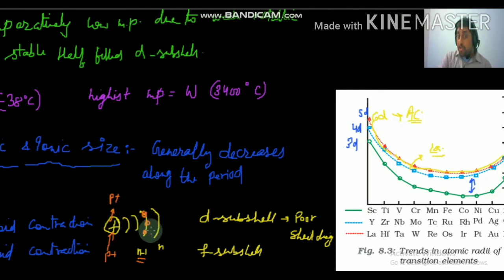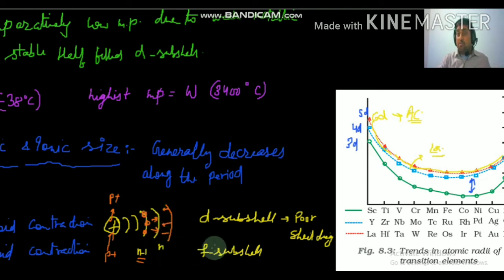But the inner d subshell does not provide proper shielding to the outermost shell, so there should be an impact on the size. The electrons in the d subshell shield each other and the outermost shell very poorly, and because of that the size is shrunken and gets somewhat lesser volume.